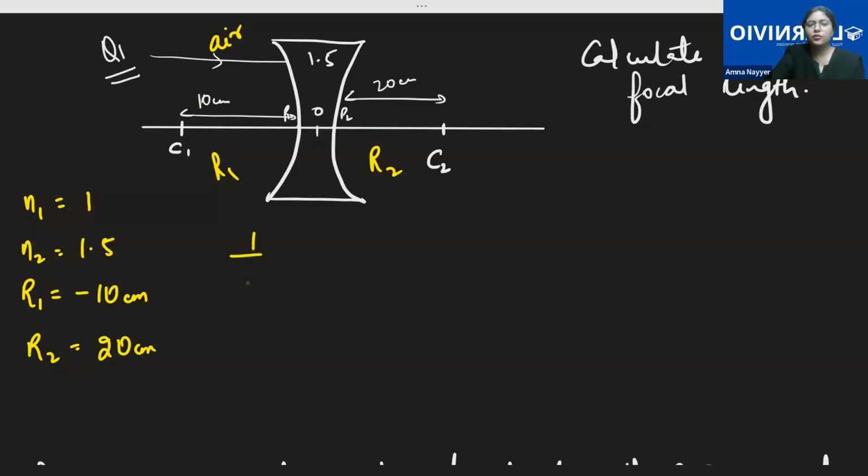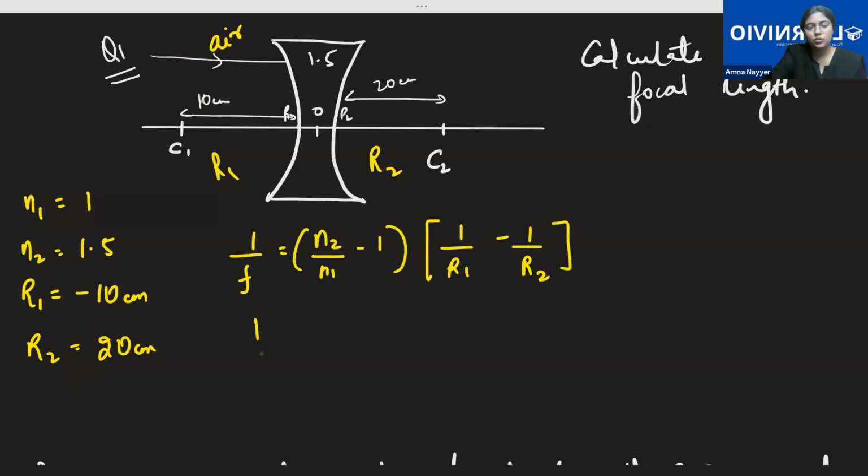Now let's just put in the formula. 1 by f will be N2 by N1 minus 1, into 1 by R1 minus 1 by R2. So 1 by f will be 1.5 minus 1, into minus 1 by 10 minus 1 by 20.